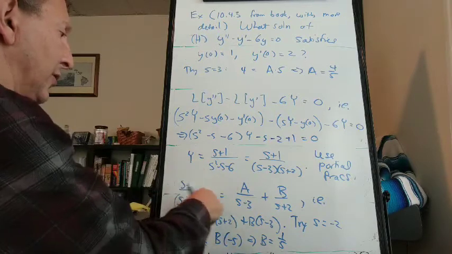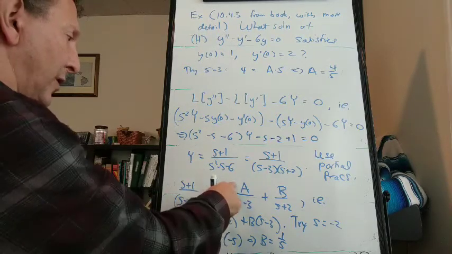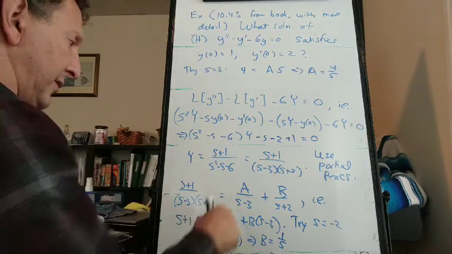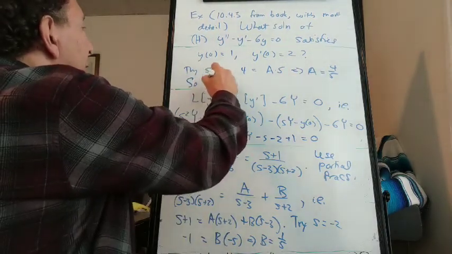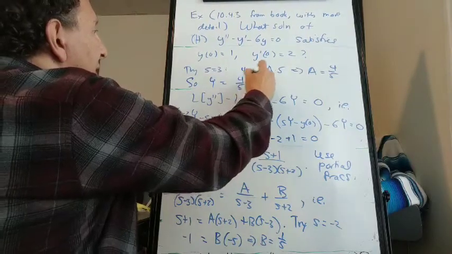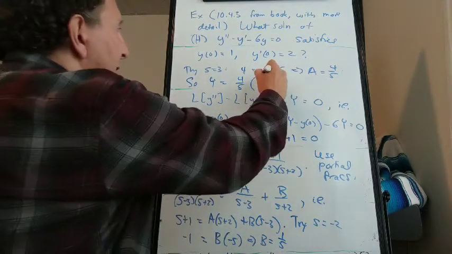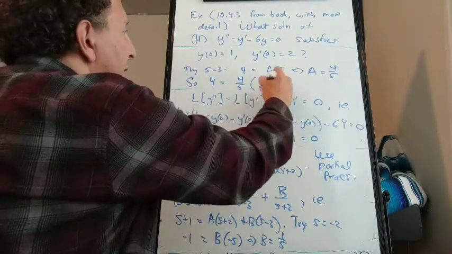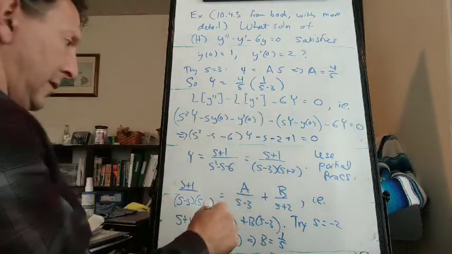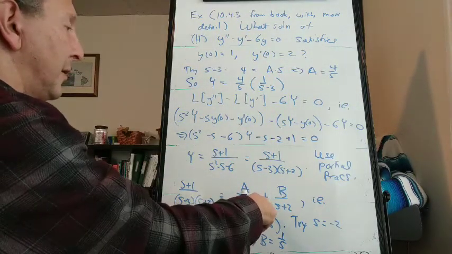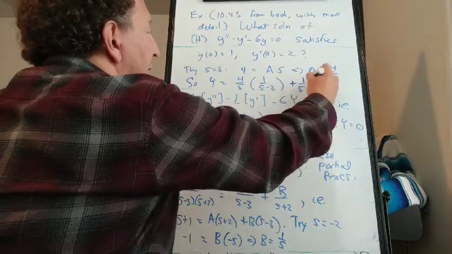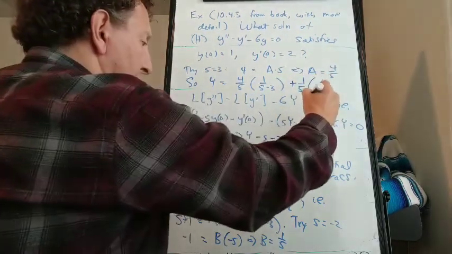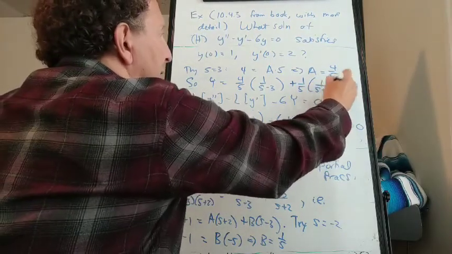So Y equals, I'm sorry, this is the 4/5. So Y equals 4/5 of the fraction 1 over s minus 3 plus 1/5 of the fraction 1 over s plus 2.